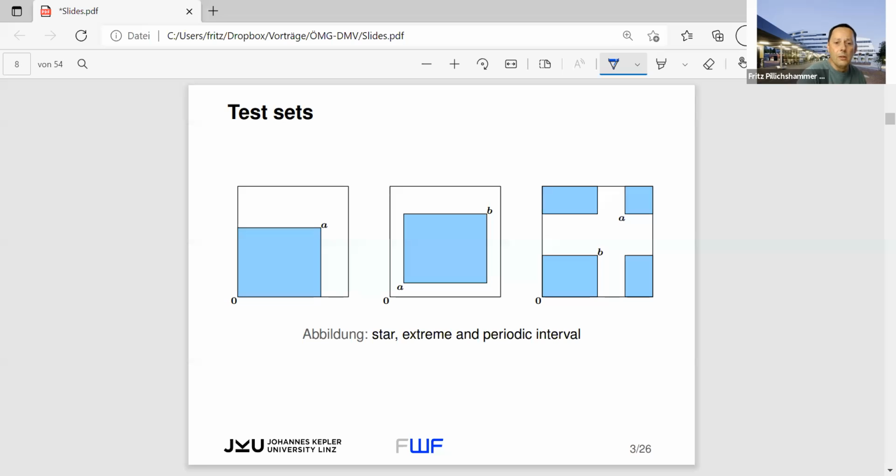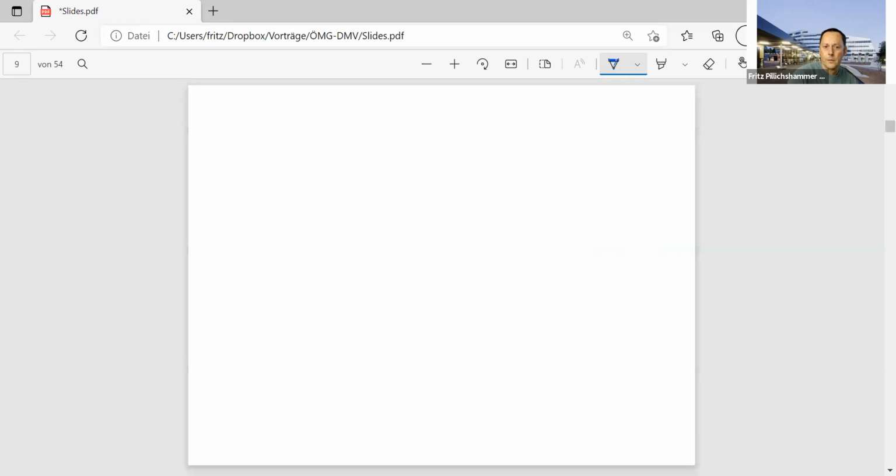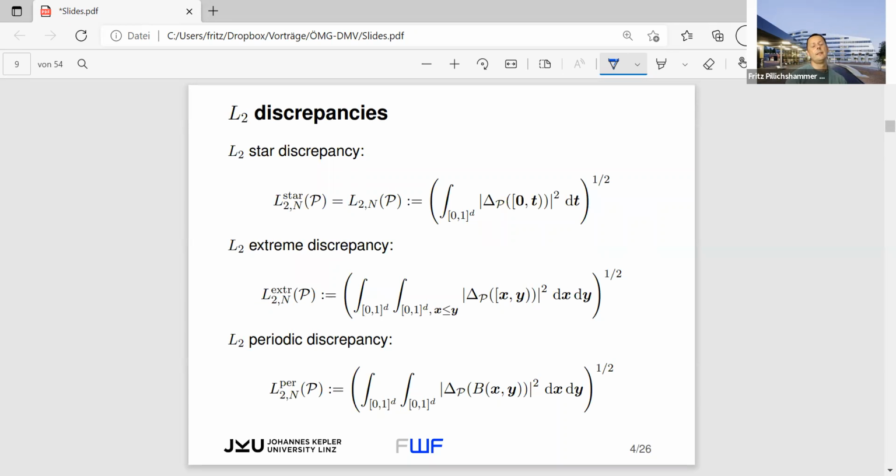Okay, so these are the three classes of test sets that we are considering, and we now study a norm of the local discrepancy function with respect to these three classes of test sets, and as norm we use the L2 norm. So this leads to the three notions of L2 discrepancy. We are studying L2 star discrepancy on the one side, which uses the anchored boxes as test sets, the L2 extreme discrepancy, which uses arbitrary boxes in the unit interval.